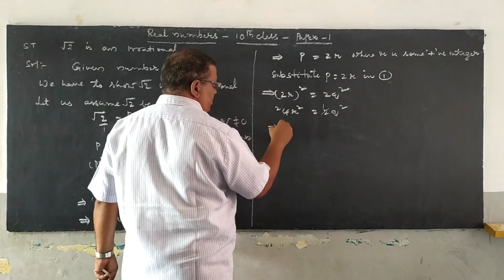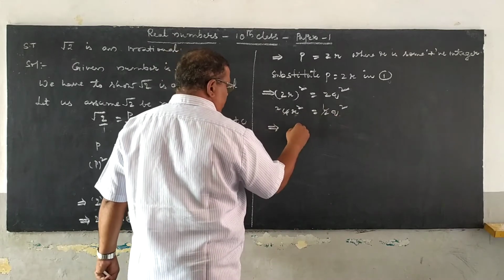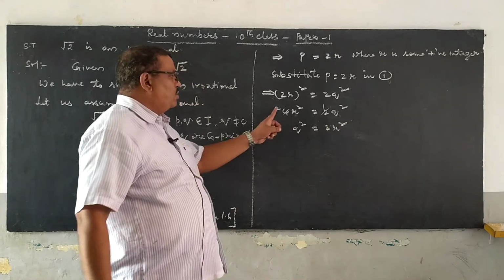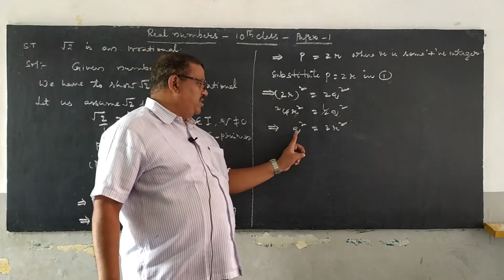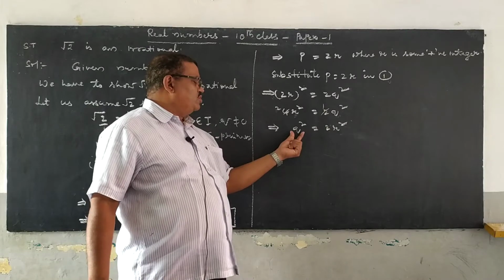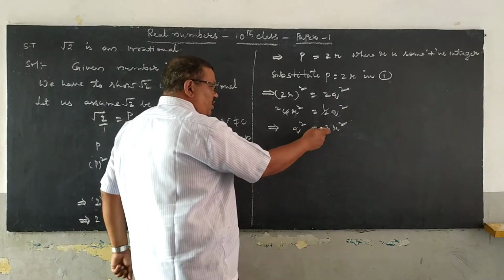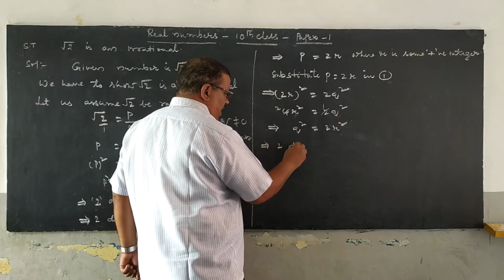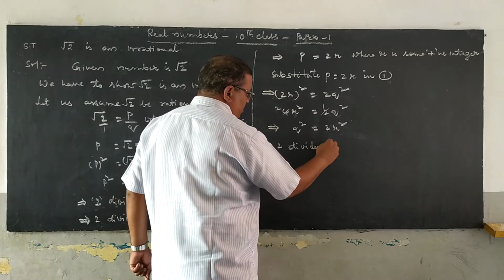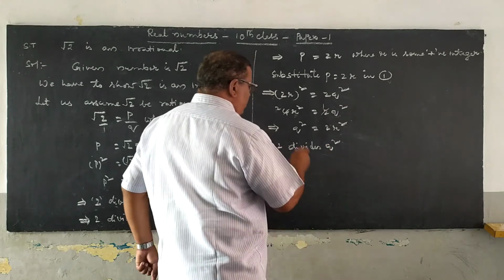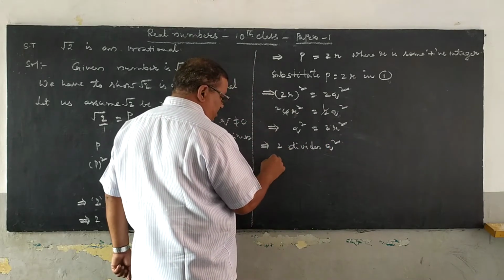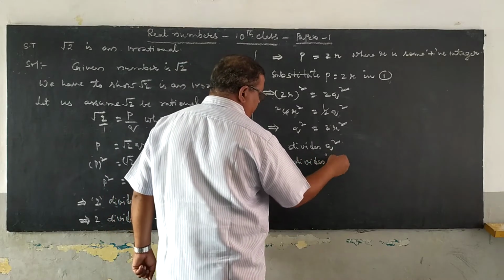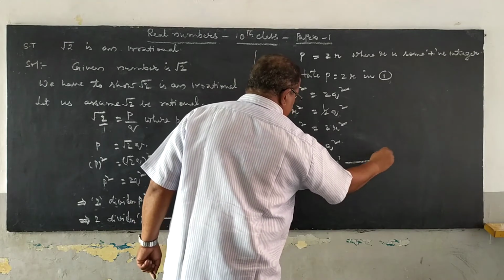That implies 2R square equals Q square, that is Q square equals 2R square. Q square equals 2R square implies 2 divides Q square, and 2 divides Q square implies 2 divides Q. This is equality 3.